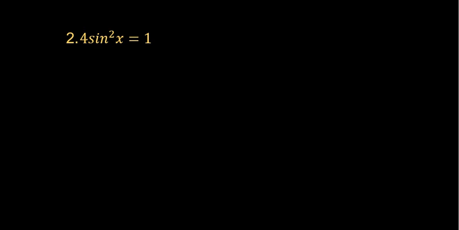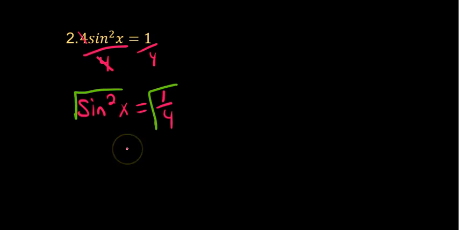Okay, and now we're going to go to another example, where I have 4 sine squared x equals 1. In this case, I'm going to divide both sides by 4, which is going to give me sine squared x equals 1/4. Then you have to treat this as you would any other squared variable, and you want to get rid of a square by using the square root. So I square root both sides, and because they're inverses, they cancel on the left.